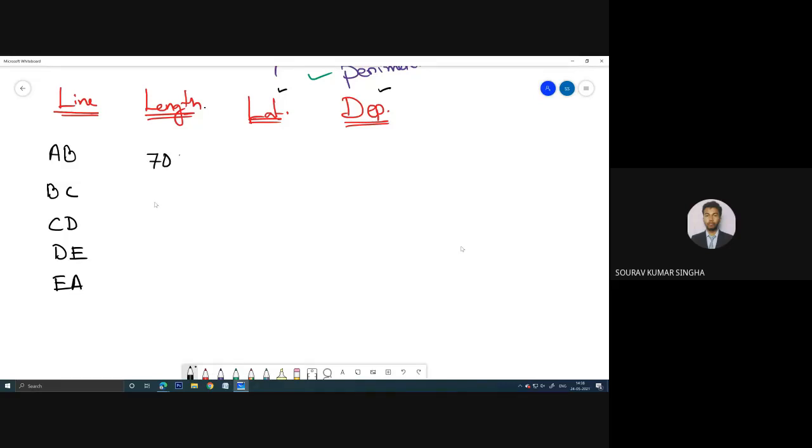The lengths are 70, 80, 43, 38 and 115, just in a rough worksheet you can do. This is the length.